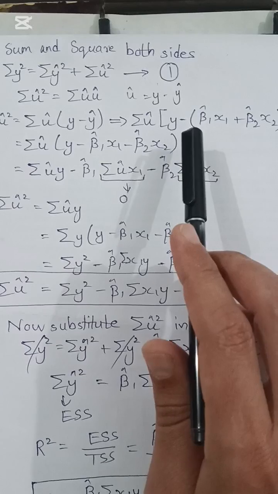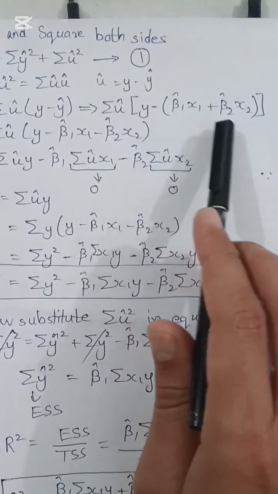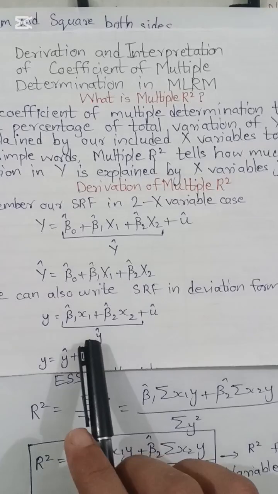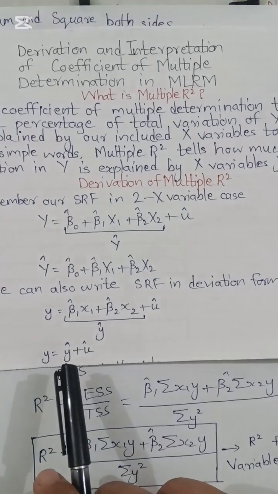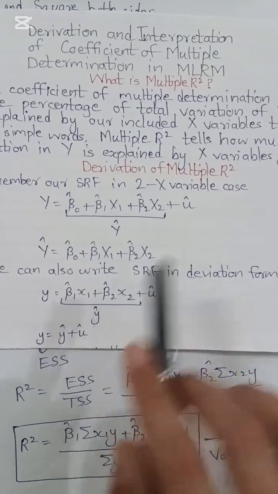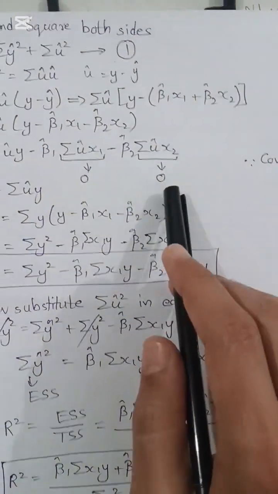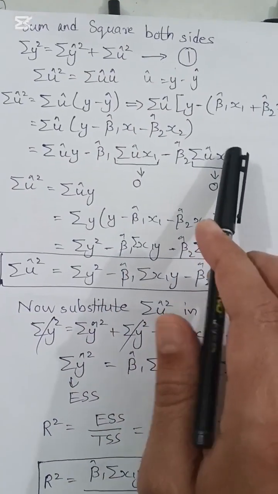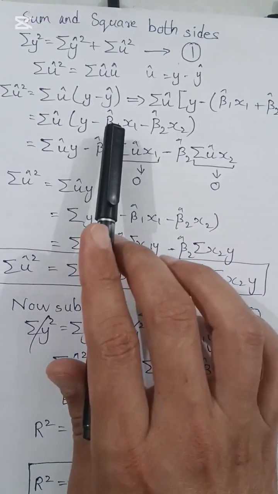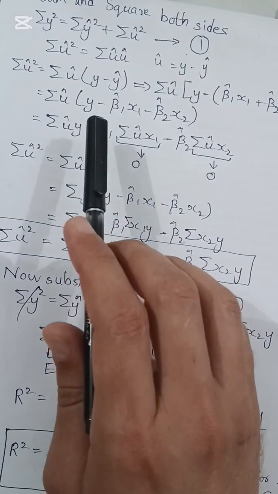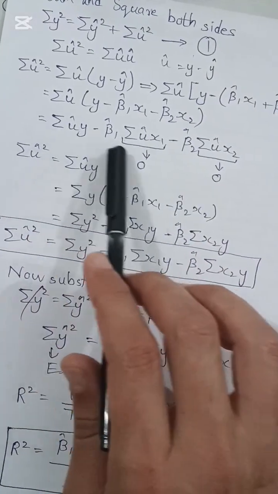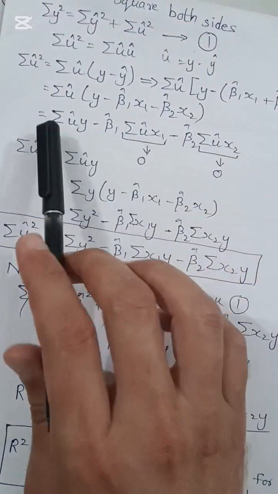Now when we open this bracket, we get this equation, and then I multiplied all these terms with this term and got the answer in this form.